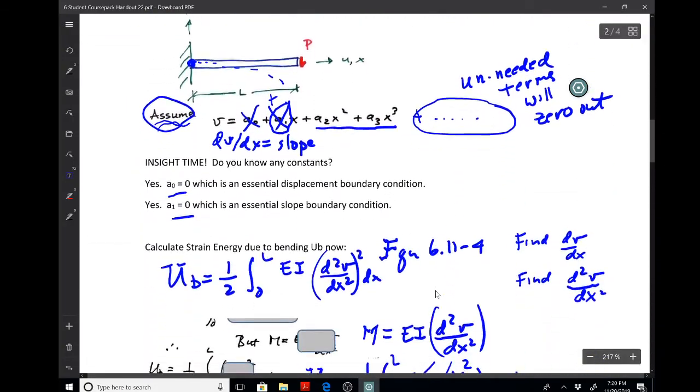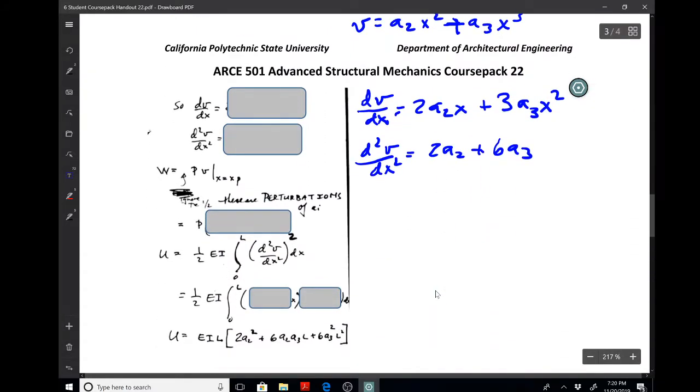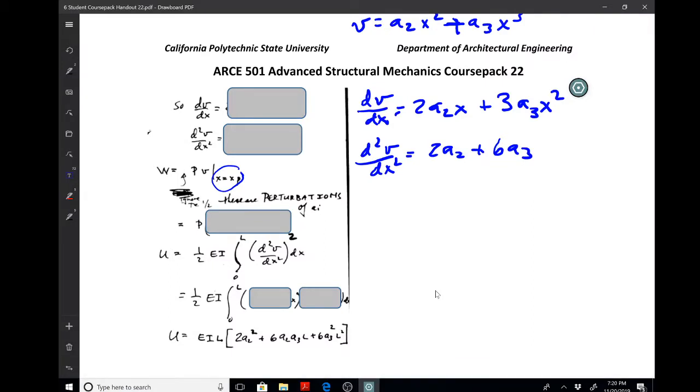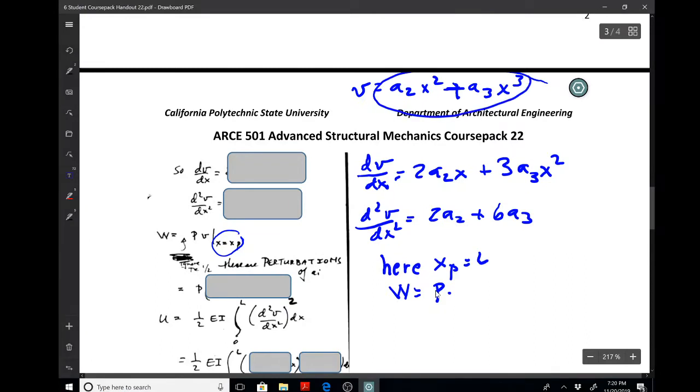P times v, where v is evaluated at x_P. Here x_P is equal to L for us in this example. So the work is P times a2 L squared plus a3 L cubed.